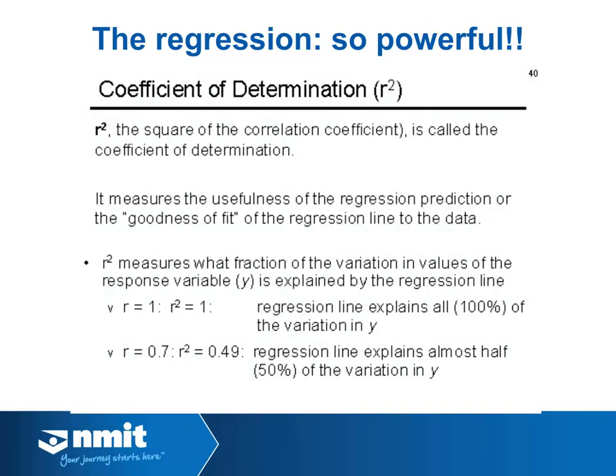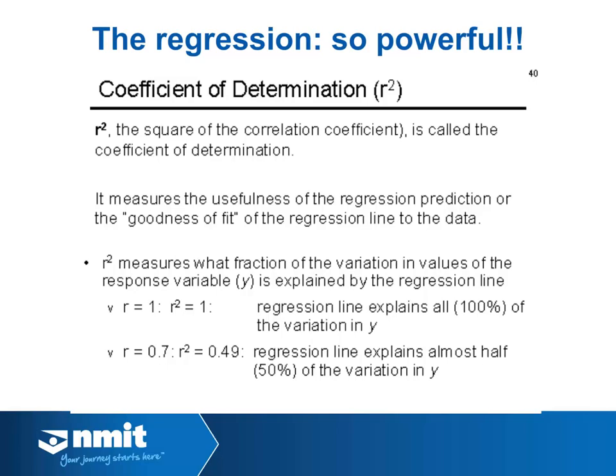The other caveat we use to tell how good our model is the R-squared value of our regression. R-squared is referred to as the coefficient of determination, and is simply our R value squared. So if we have an R of 0.7, our R squared is 0.49.